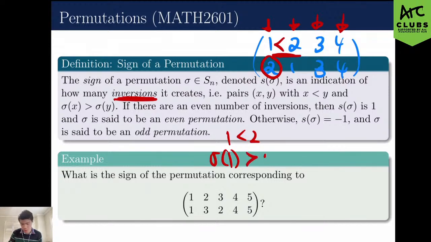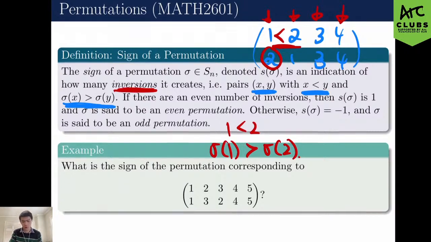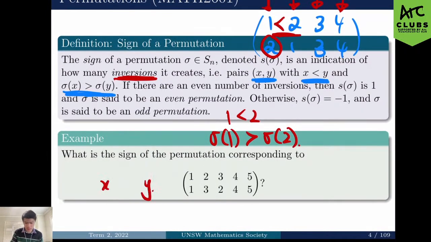So the order's been swapped. That's what this condition means: it says pairs x, y, with x < y, and sigma(x) > sigma(y). Essentially, initially x was before y, but once you permuted them, they swapped around.